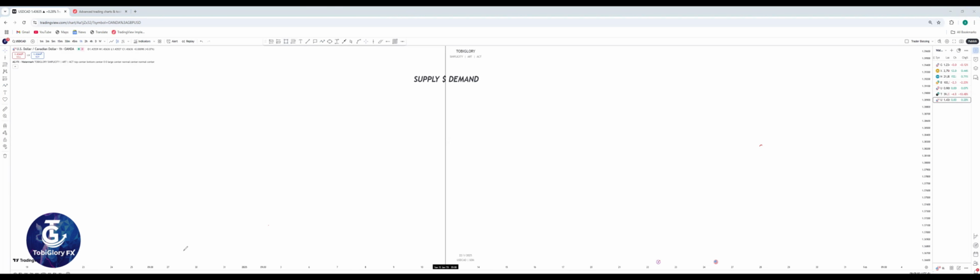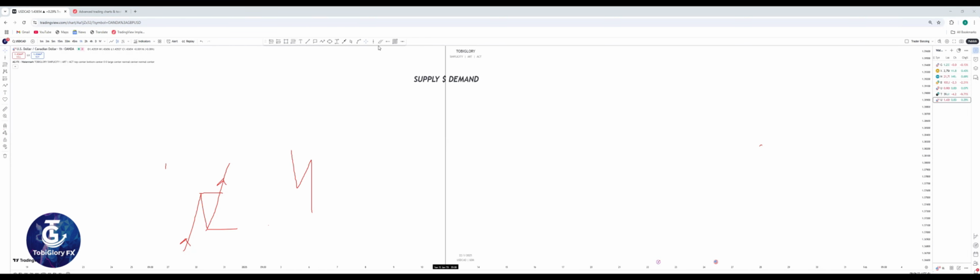Now we have this. Let me talk about these two first before I proceed. Looking at this diagram on my screen, we have the rally, the base, and the rally.